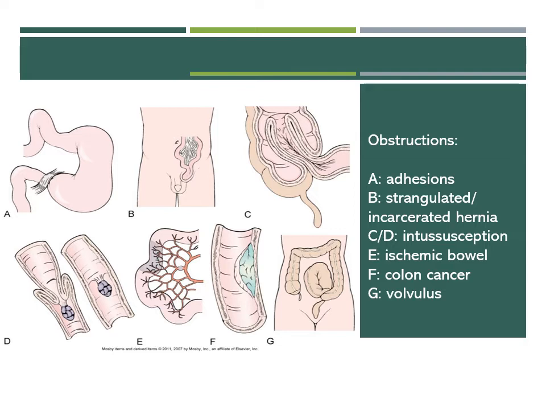So often with intussusception, it's a child that develops a bowel obstruction. They have blood in their stools because the part that's telescoped isn't getting any blood supply. So there's bleeding. We call it red jelly or currant jelly stools of intussusception.